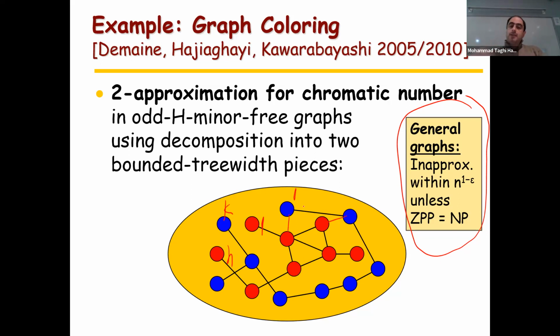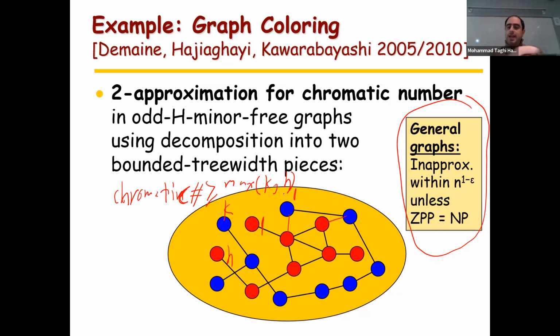First, you know that the chromatic number is greater than or equal to the max of K and H, correct? Because both of them are induced subgraphs of the graph, and you can find the optimum solution for them. So you know that the chromatic number of the whole graph is at least max of K and H.